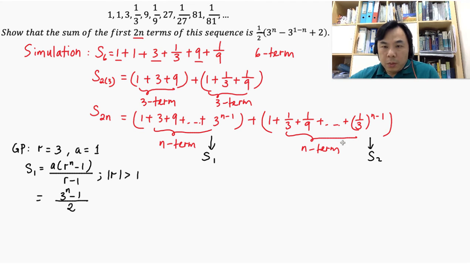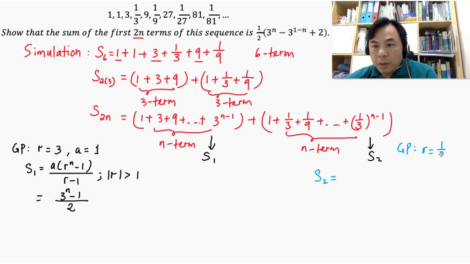Then I'm going to proceed with my summation number 2, which also consists of a geometric series. Maybe I'm going to write down my geometric series over here. So this is my second geometric series, and it has a common ratio of 1/3.